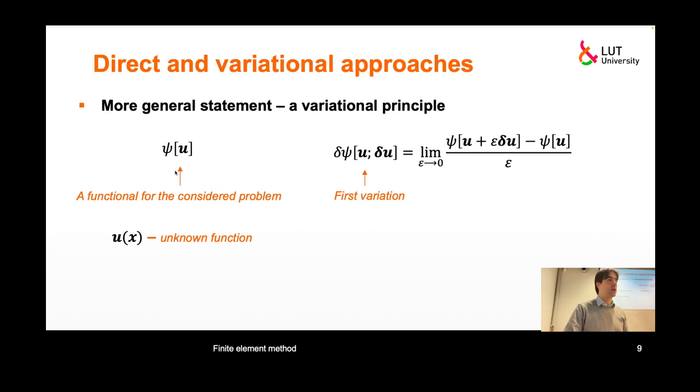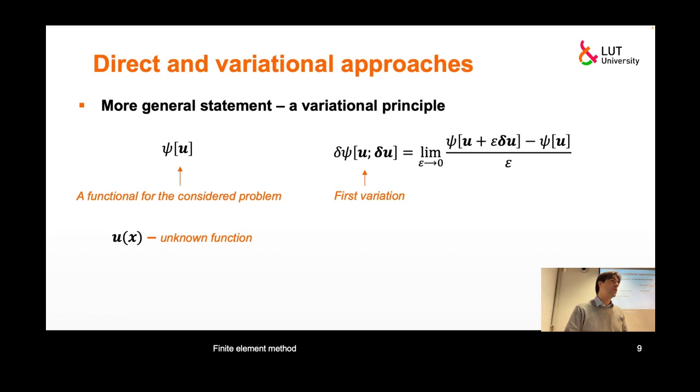So that's a functional. And we calculate this limit: we add something to our argument, to this function, a new function. Usually the notation delta u is used, which means it's a kind of variation of our function, but rigorously speaking it is just another function.